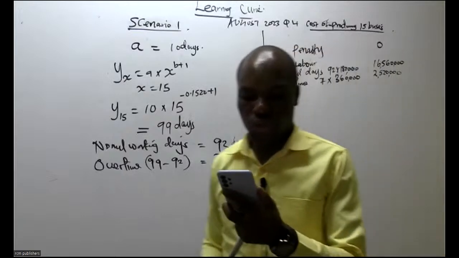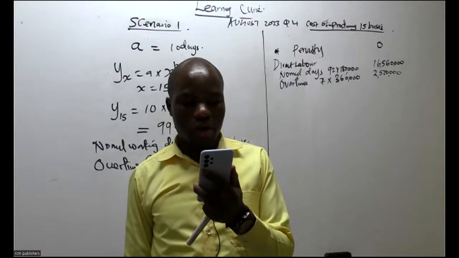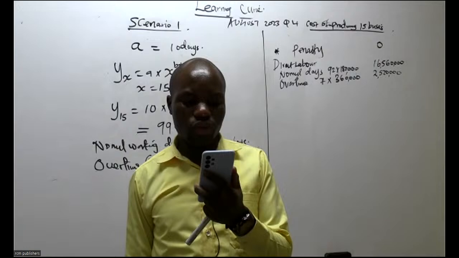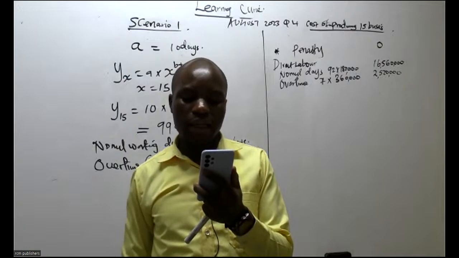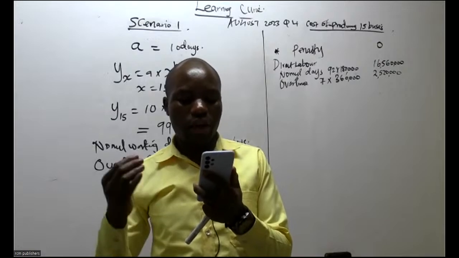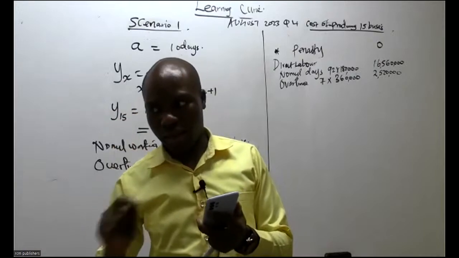Great. So let's go to additional information number 5. Overheads will be allocated to the special order at the rate of 30 shillings per normal working day, and no overheads will be allocated for overtime working.